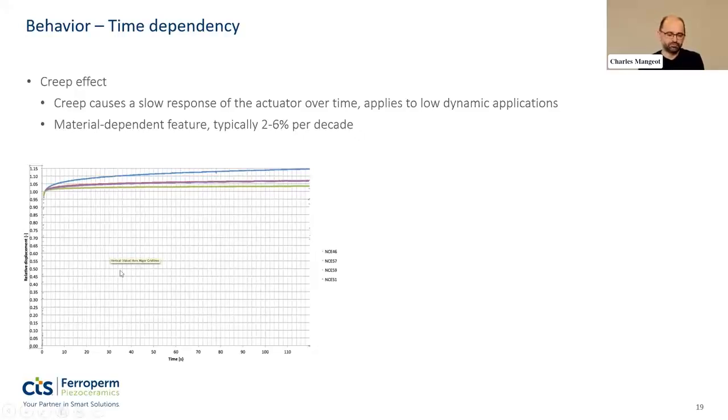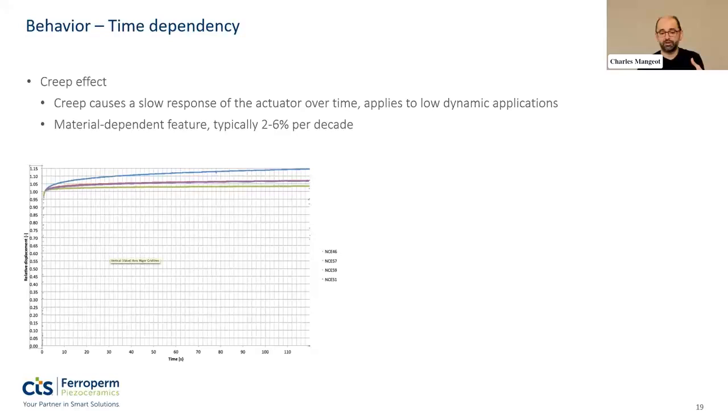So when you apply the maximum voltage, you start from 0, you get to your nominal position. Here we assumed that the nominal position was reached after 1 second. And then if you maintain the voltage, the actuator will continue to expand.